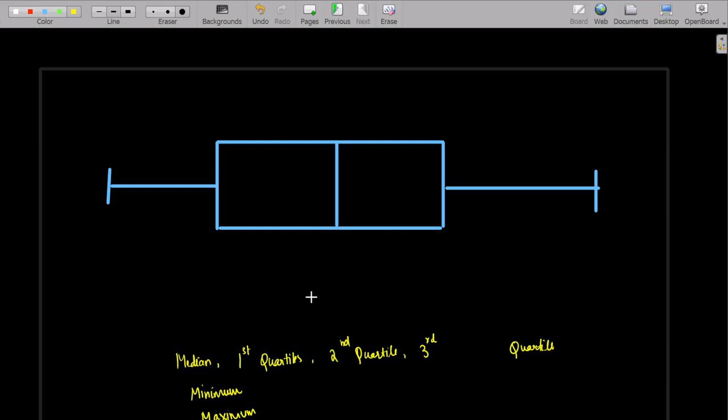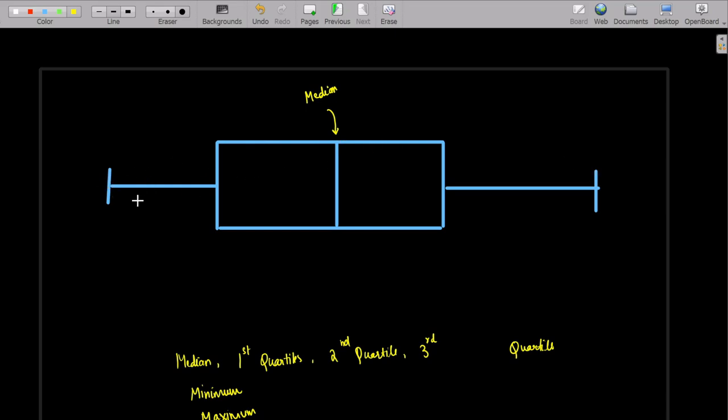Now when you have this sort of box plot, the most important information that you can tell from this is the median. The median will always be given by this line which is inside the box. So this line tells us the median. And you have a box and you have whiskers.